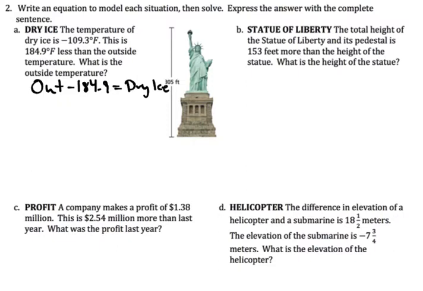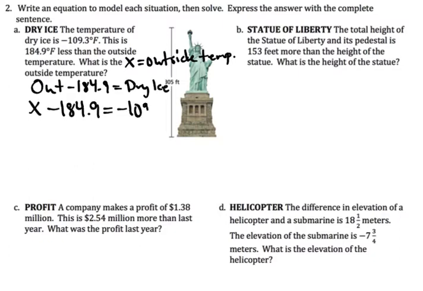First, we don't know what the outside temperature is, so we need to define that as our variable. Let's make x equal the outside temperature. So the outside temperature minus 184.9 will equal the temperature of dry ice, negative 109.3 degrees Fahrenheit.